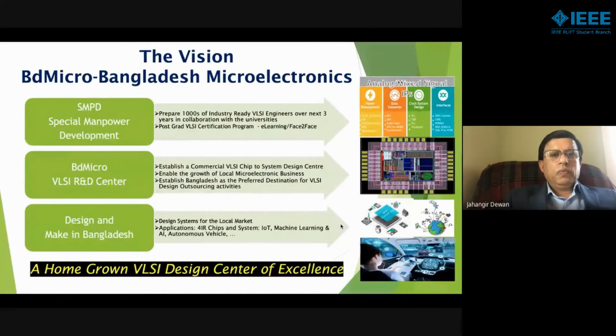And then we create a government-sponsored microelectronics VLSI design center, where say 100 or 200 people will work. They will develop intellectual property, they will design chips, and it will be marketed all over. And of course, the branding will be made in Bangladesh, and some of the chips in the automotive area, consumer electronics, the IoT sector, and machine learning will be able to do development.